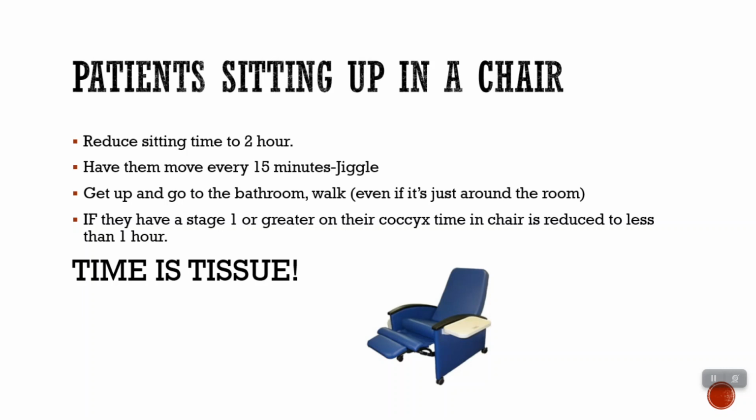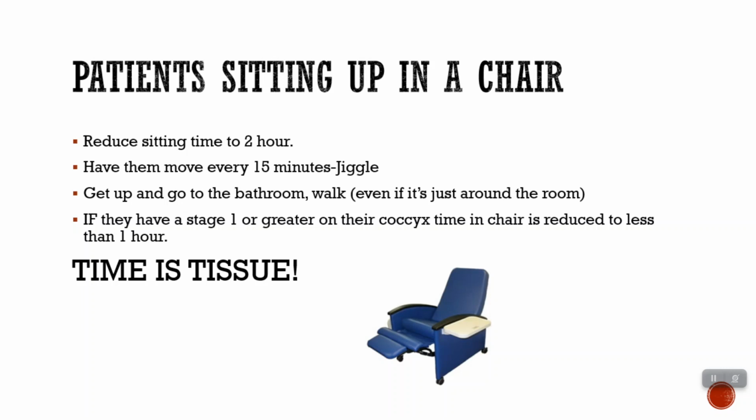So have them move or jiggle, redistribute their weight, get up and go to the bathroom. Walk, even if it's to the door and then back. That increases perfusion, that reduces pressure. If they do have a stage 1 or greater on their coccyx, time in the chair needs to be reduced to less than 1 hour. Just think about time is tissue.